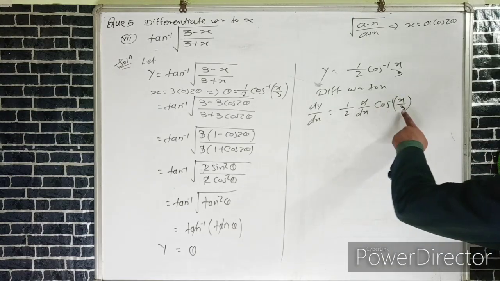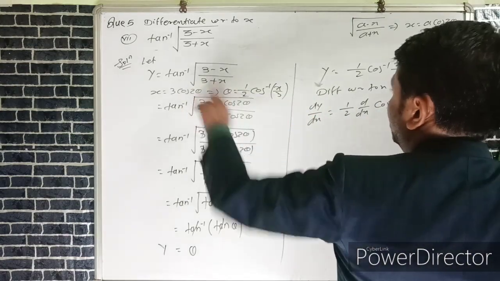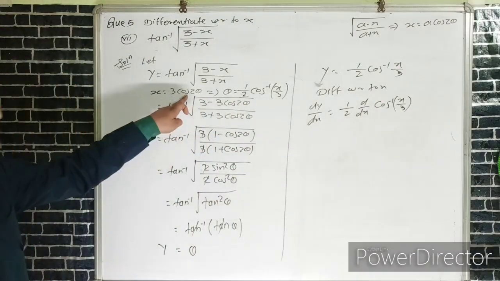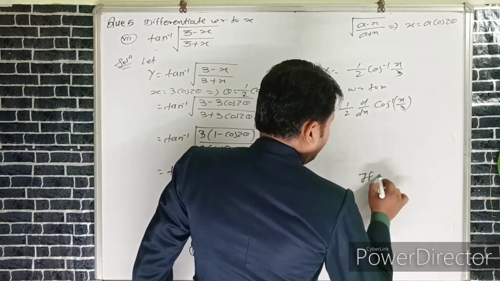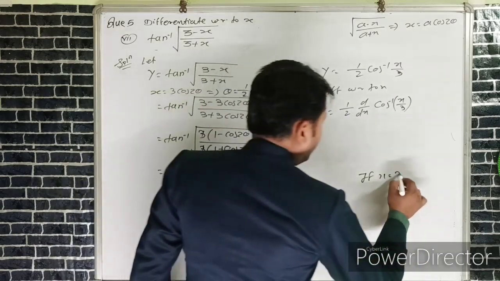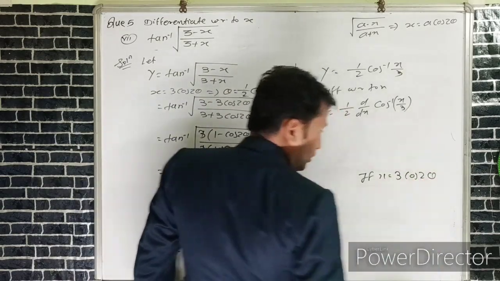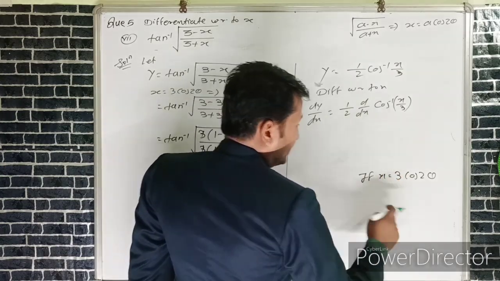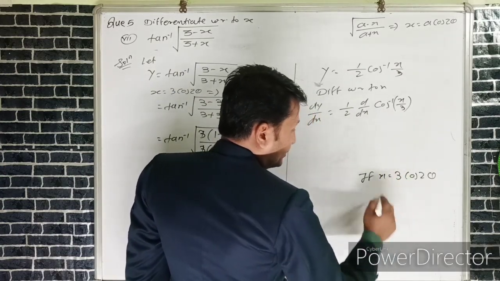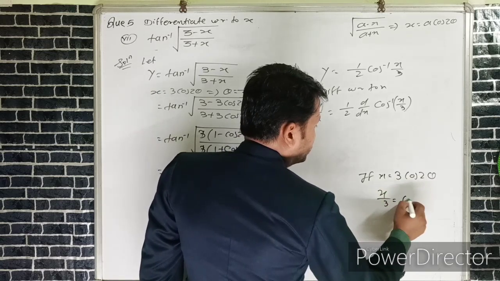Here cos inverse of x by 3: when we substitute x equal to 3 cos 2 theta and we evaluate the value of theta, if x is equal to 3 cos 2 theta, we take this 3 to the other side, then x by 3 is equal to cos 2 theta.